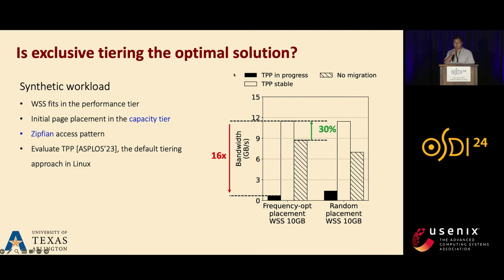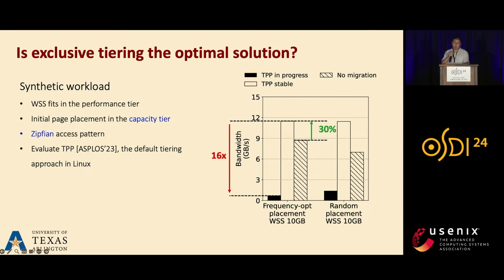To demonstrate this problem, we evaluate transparent page placement, TPP, the state-of-the-art memory tiering approach in Linux, which is also based on exclusive tiering. We created a synthetic workload that follows a Zipfian access pattern. The workload's working set size fits in the performance tier, but was initially placed in the capacity tier. We measured the bandwidth when the hot data was being migrated to the fast tier and when the page relocation was completed.